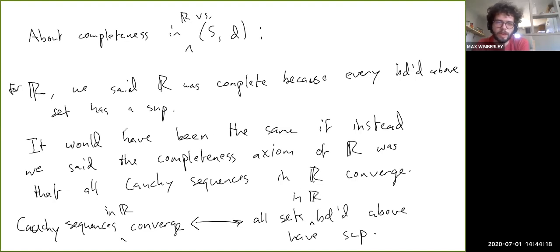The only reason we had to change the definition of completeness here for arbitrary metric spaces is that most metric spaces don't have a concept of ordering on them. Remember, R is special because it has this concept of ordering, which does not exist for other metric spaces, at least not in any sensible or natural way.